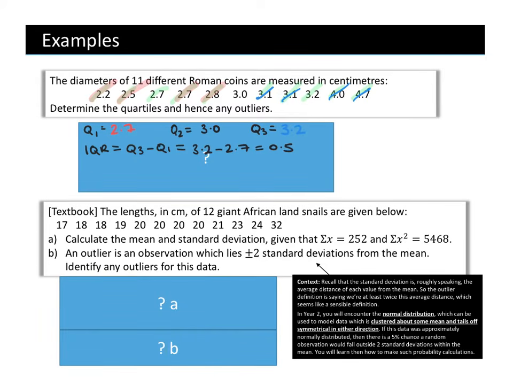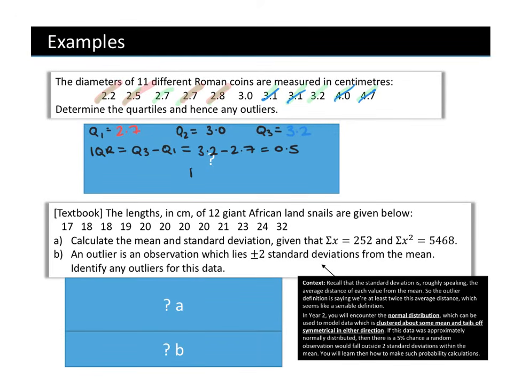Okay, so the lower bound outlier. So we know if we were to draw this, we've got 0.5. So then, if we were to do 1.5 times 0.5, thank you, 0.75. Because we're going to have another 0.5 and then a half of 0.5, which is 0.25. So we're going to have 0.75. And then again, moving up, 0.75. This is a terrible drawing.